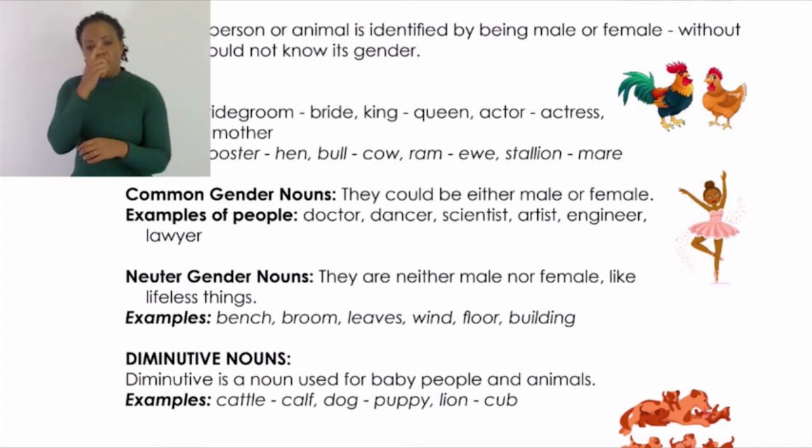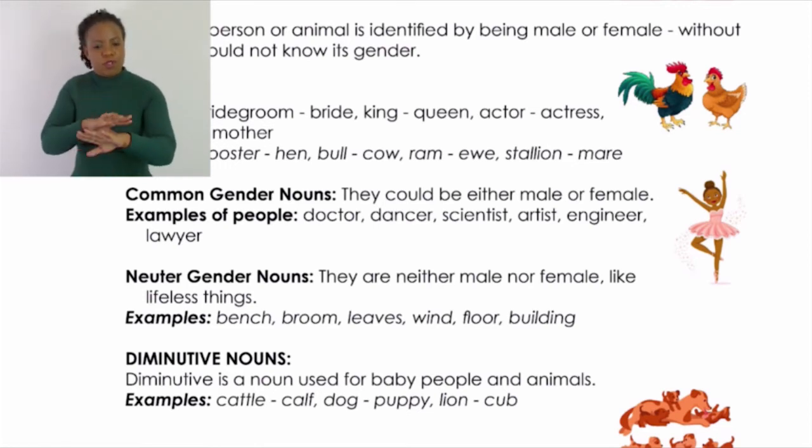Examples of people are as follows. Doctor. Whether a person is female or male, if he's a doctor, we refer to him or her as a doctor. So the noun doctor is a common gender noun. It applies to both males and females.